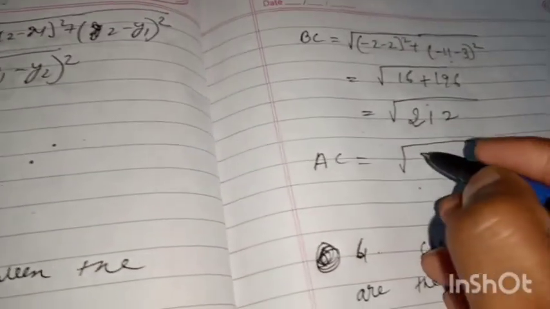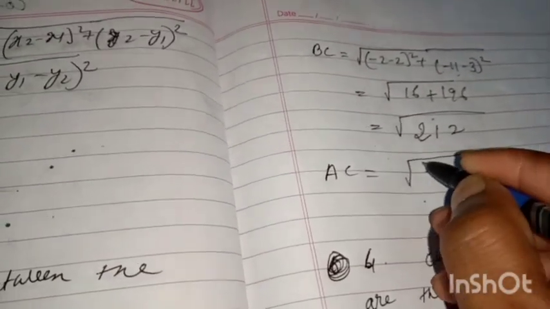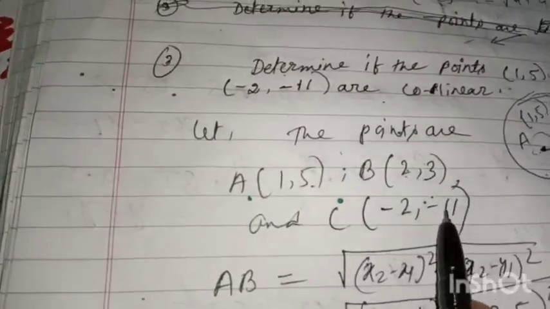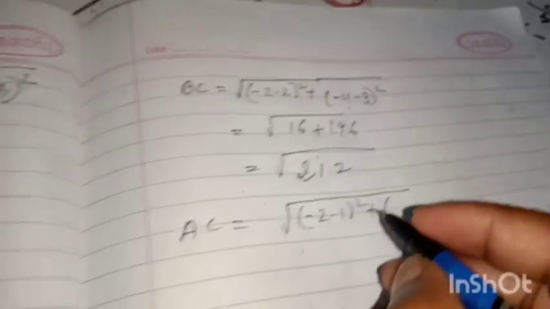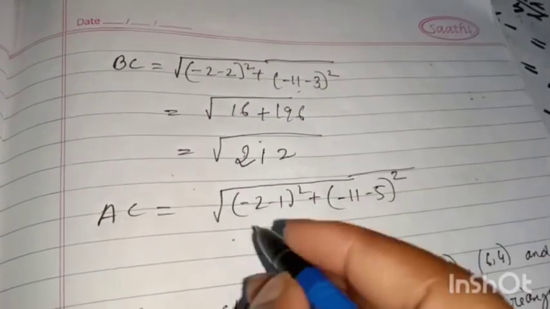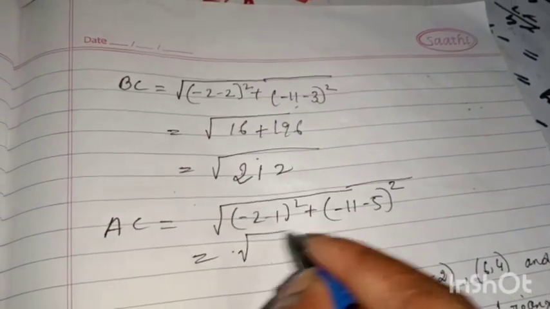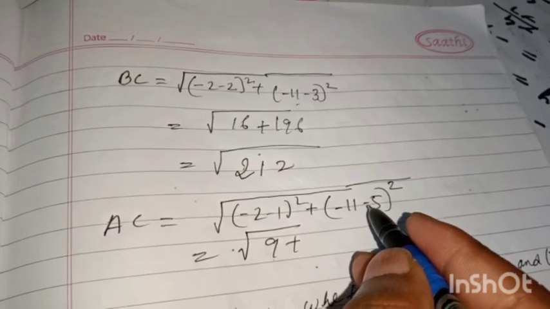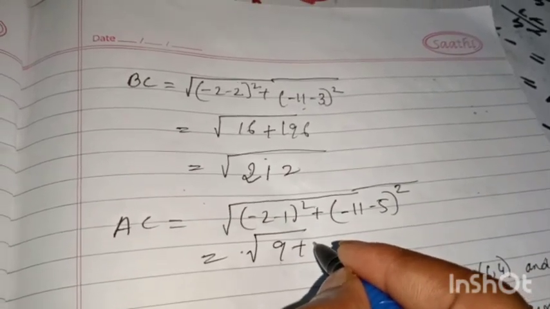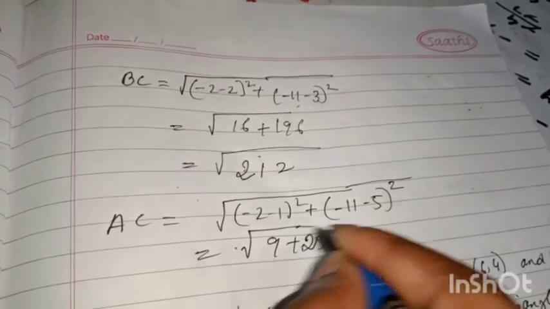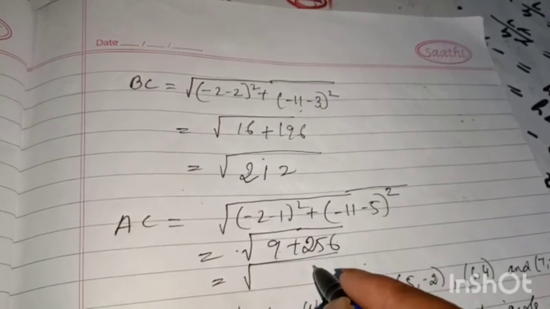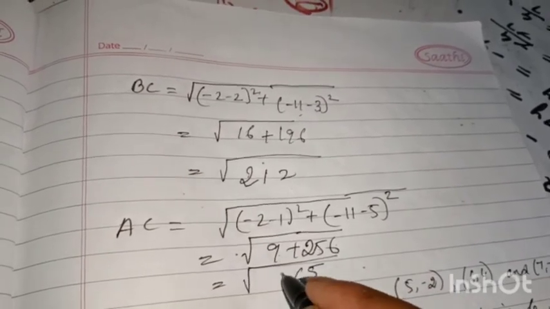So minus 2 minus 1 is minus 3, squared is 9, and minus 11 minus 5 is minus 16, squared is 256. Then 256 plus 9 is 265.